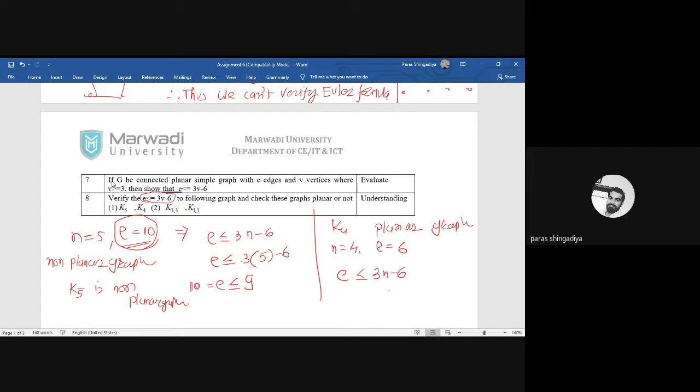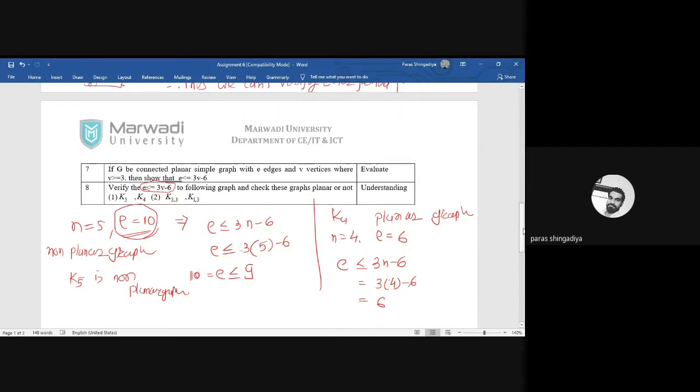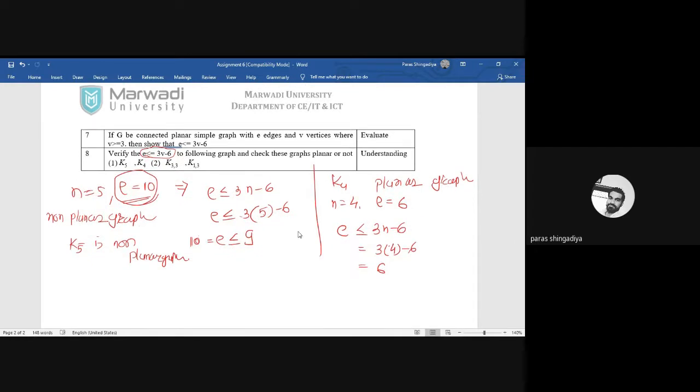How many edges should there be? Up to 3n minus 6. So that is equal to 3 of 4 minus 6, and that answer is equal to 6. Clear? So here edges is less than or equal to 6, and how many edges are there in this K4? That is 6 edges. So therefore, we can say that K4 is a planar graph.